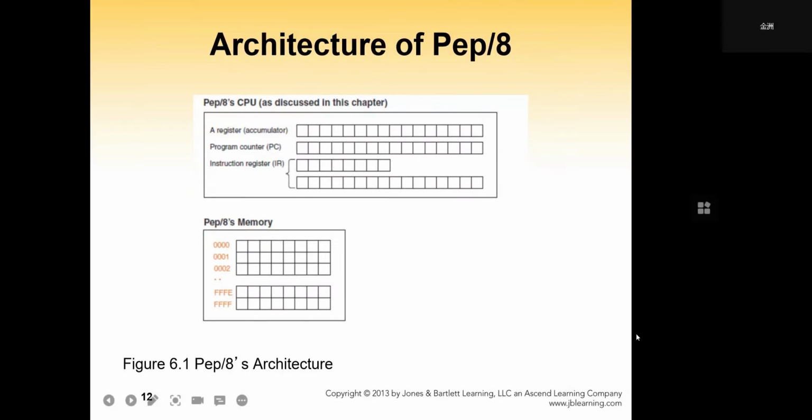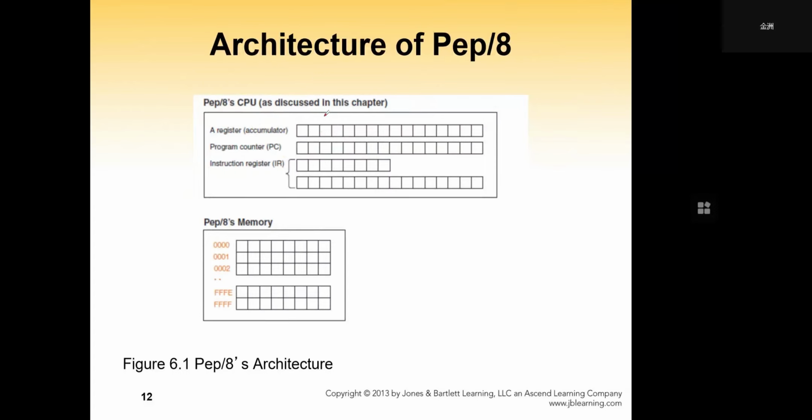Let's check how many bits we use to represent the data in each register. The A register, the accumulator, is used to hold data and the results of operations, and is a special storage register in the ALU.